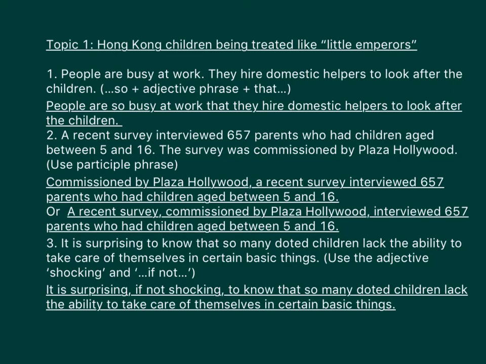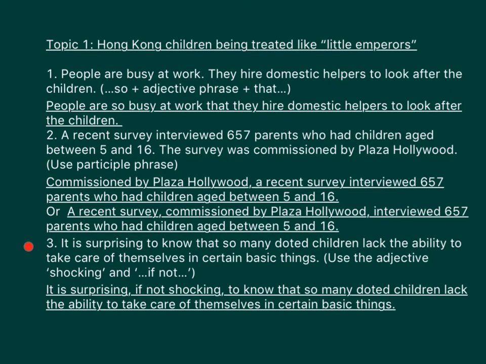The survey was commissioned by Plaza Hollywood. Commissioned by Plaza Hollywood, a recent survey interviewed 657 parents who had children aged between 5 and 16. Or you can say, a recent survey commissioned by Plaza Hollywood interviewed 657 parents who had children aged between 5 and 16.